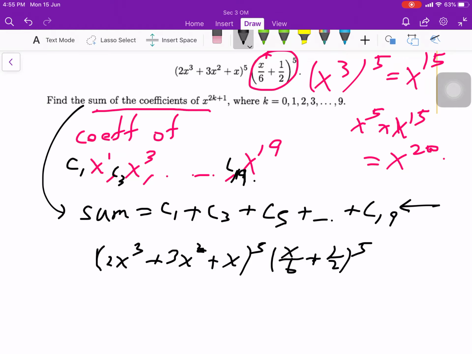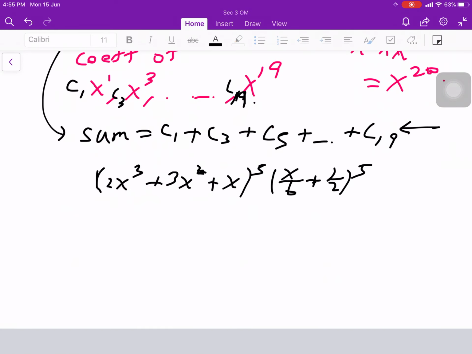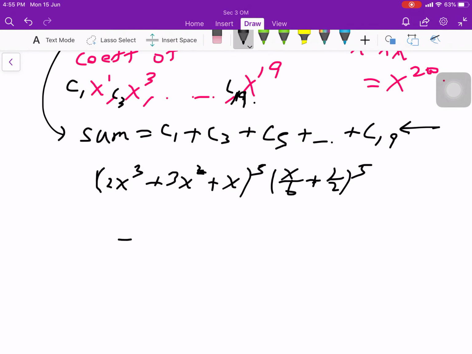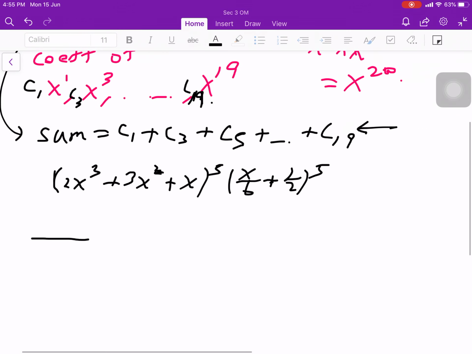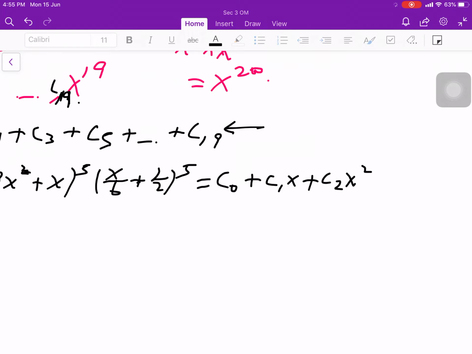Remember what I said, if you really go through the whole expansion, you will get the highest power to be 20. Therefore, can I say that it is equivalent to C0 plus C1x plus C2x squared, and it goes all the way to x^20. Is it okay, class?